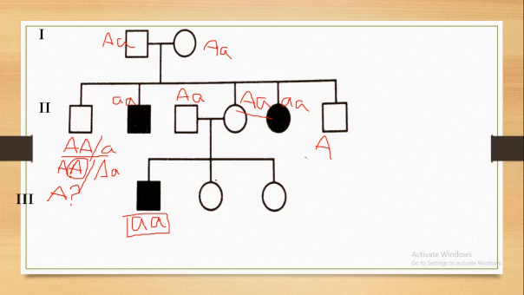We are sure about her condition because we have seen she has a son who is with the recessive alleles. So this is how we go to solve pedigrees. So this is an autosomal recessive trait. So in this manner we can go on solving the pedigree charts. What we have to see, first we have to see whether it is autosomal or sex linked. Then we have to see whether it is dominant or recessive. Thank you.